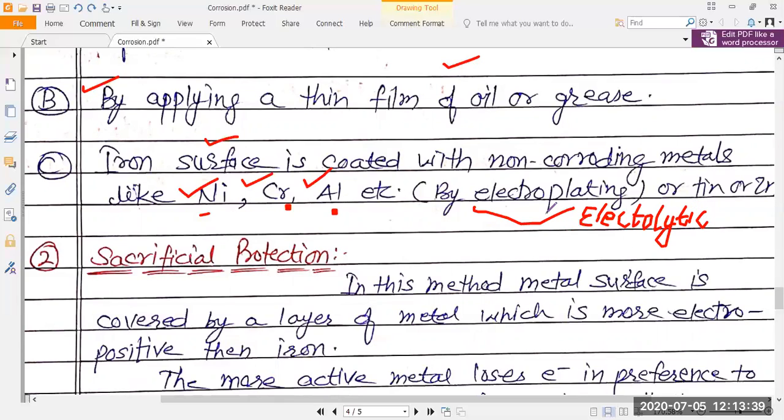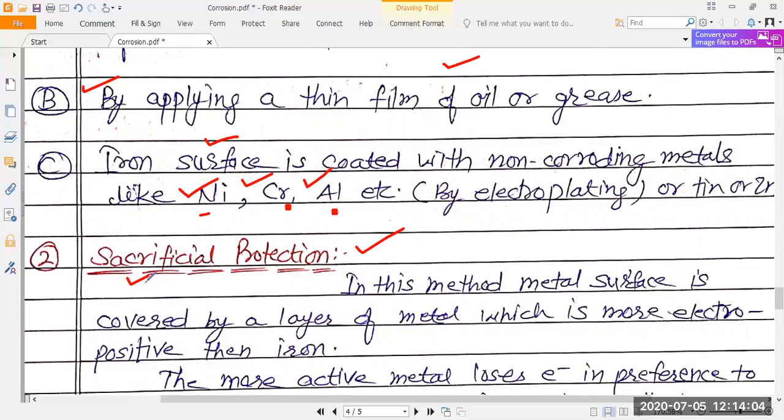Next, the second method of protection of iron articles is sacrificial protection. It is also a very important point for preventing corrosion of metals. In this method, the metal surface is covered by a thin layer of metal which is more electropositive than iron.